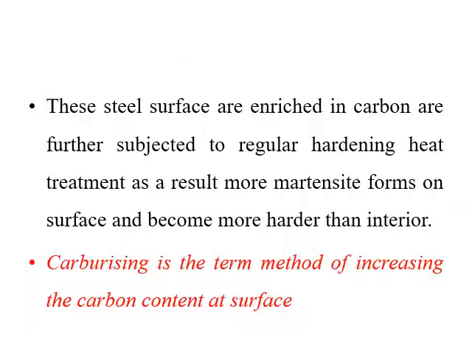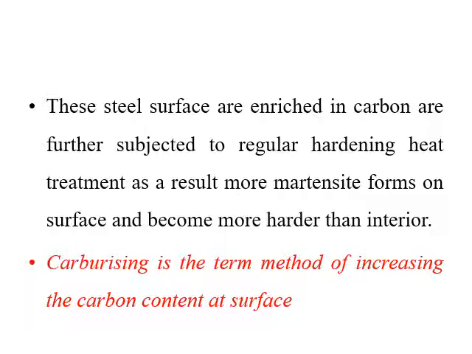So how exactly are we going to do that? These steel surfaces are enriched with carbon, along with the regular hardening heat treatment methods, so that the surface is hardened and the interior will be tough enough to have the load capacity. Carburizing is the method of increasing the carbon content of the surface.